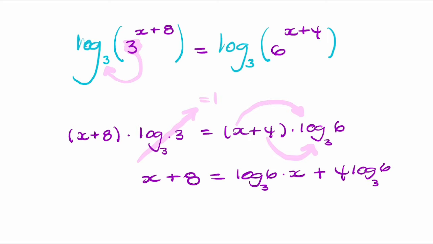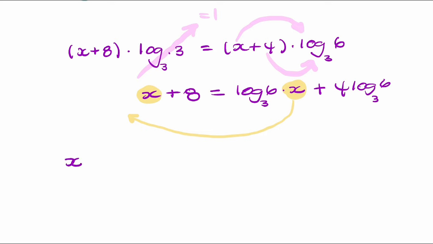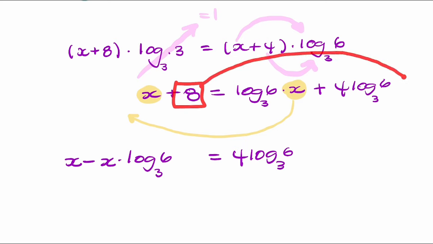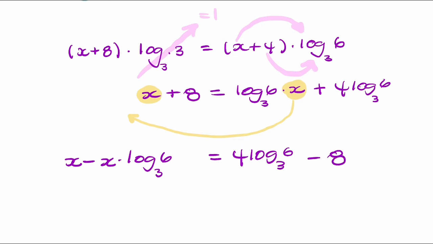And remember, we're trying to find x, so we need to collect all the terms that have x at the same side of the equal sign. So we'll have x minus x log 6 equals 4 log 6, and this 8 we can take to the other side, so we can just subtract 8.